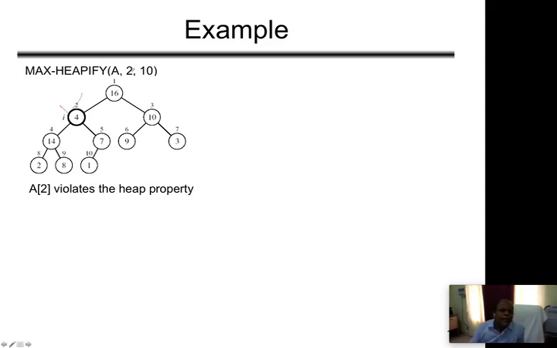We have done this for heapify A, 2, because the index of this position is 2. If this is the array we are considering: 16, then 4, then 10, then 14, then 7, 9, 3, 2, 8, 1.